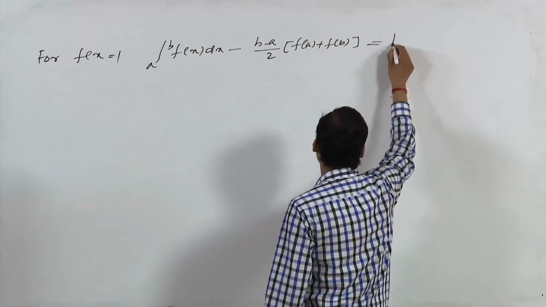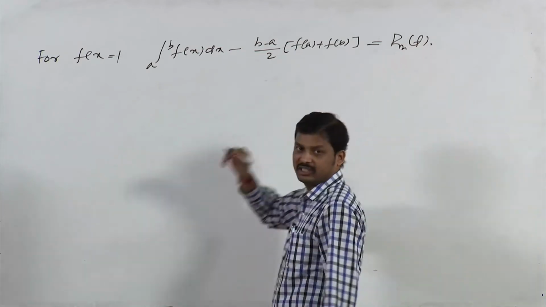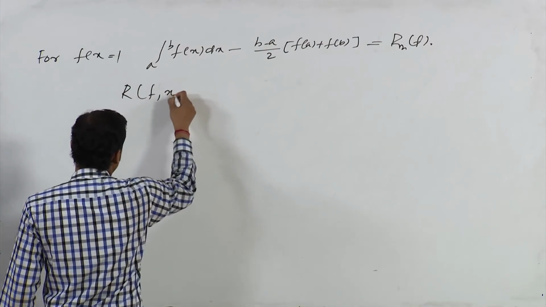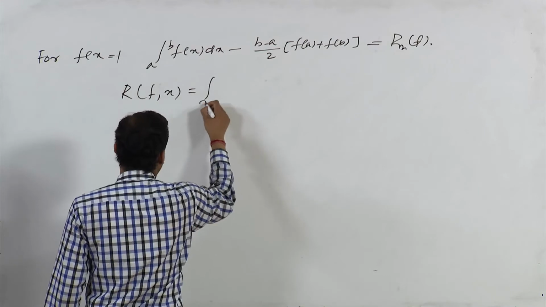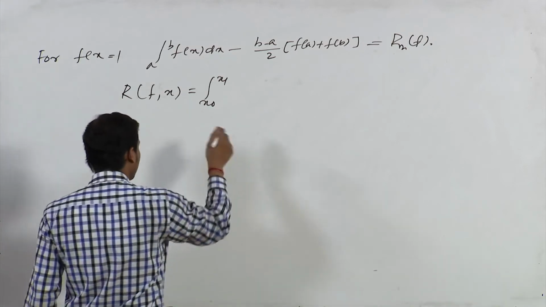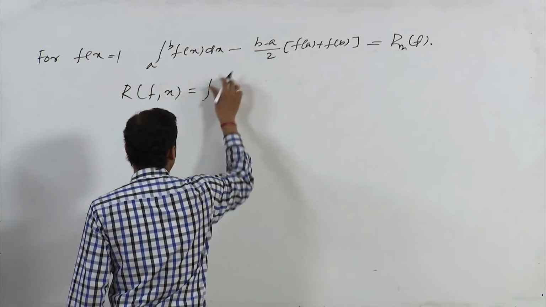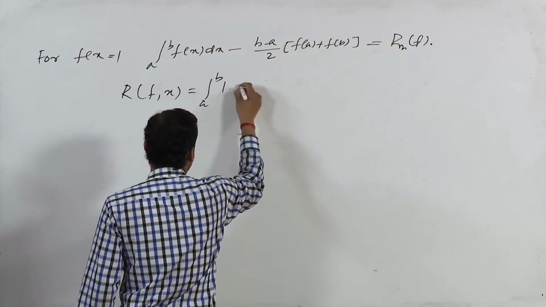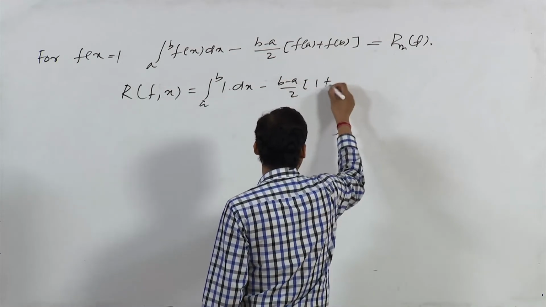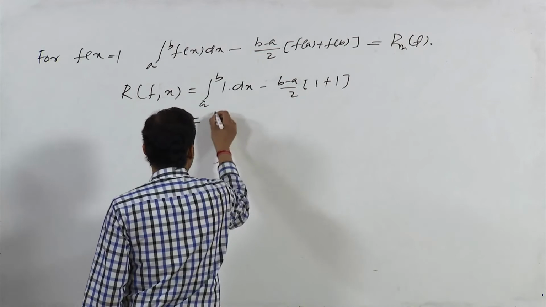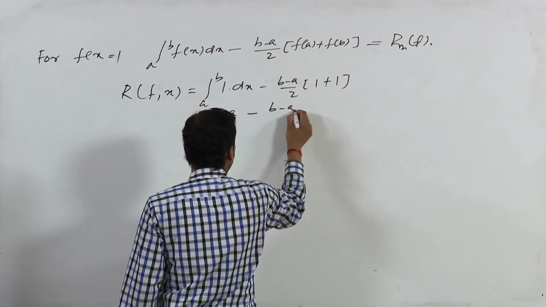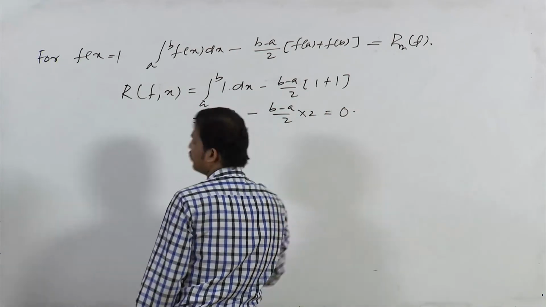The value it provides is nothing but the error function, R(f(x)), which can be written from a to b, whatever you want to write. So, integral a to b of 1 dx minus (b minus a) by 2, since f(a) is 1 and f(b) is 1, gives b minus a minus (b minus a) by 2 into 2. So, this gives you 0.